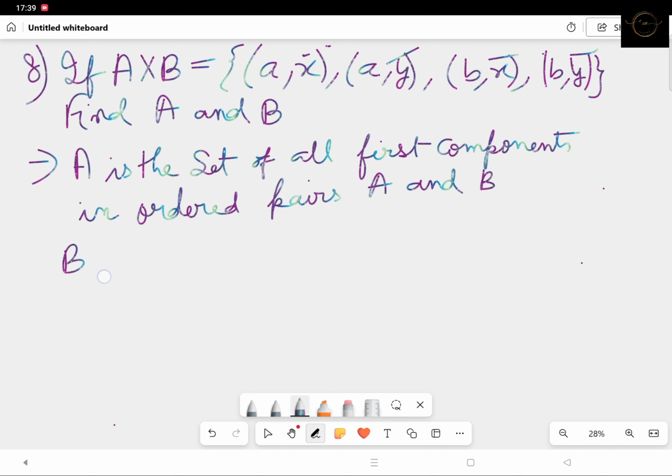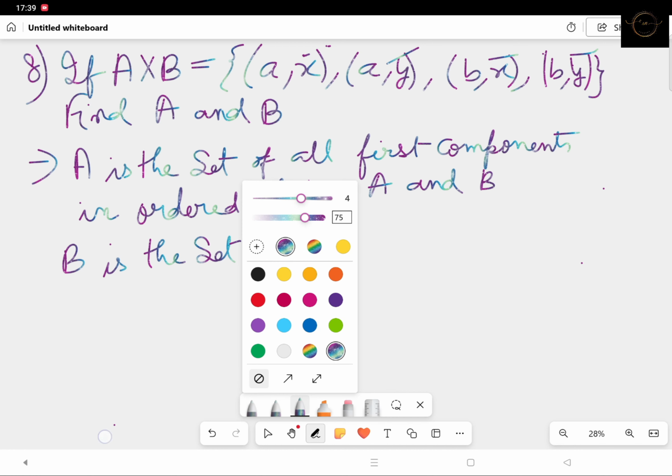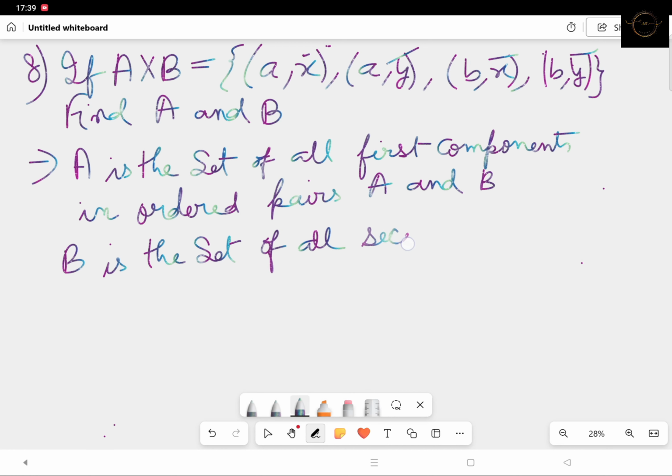And what about B? B is the set of all second components in the ordered pairs.